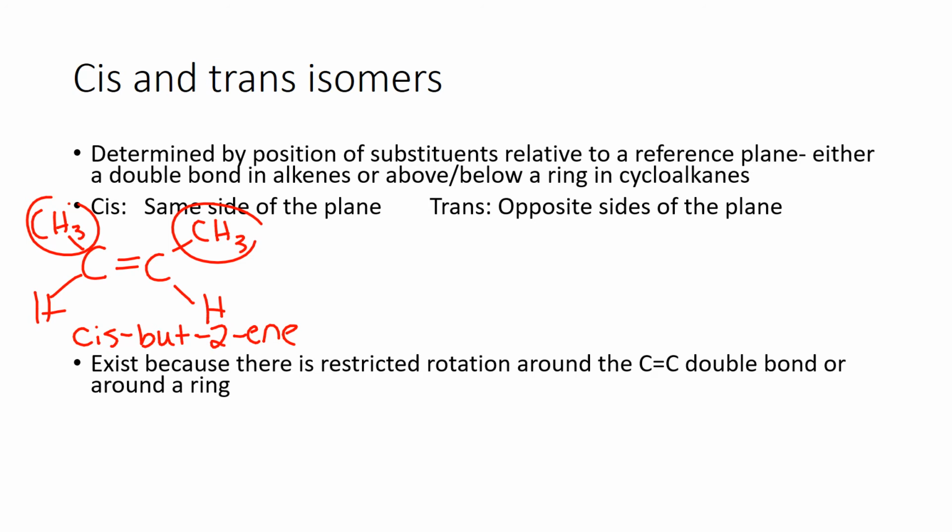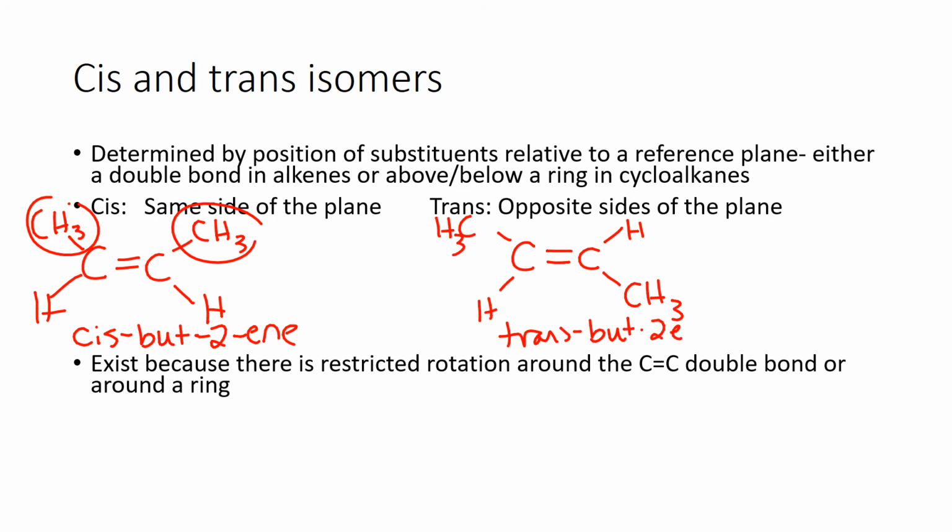So in the trans isomer, those methyl groups would be on opposite sides of the reference plane. So this is trans but-2-ene. Sorry, that dash is a little hard to see. Okay. Now you can also see this with cycloalkanes.